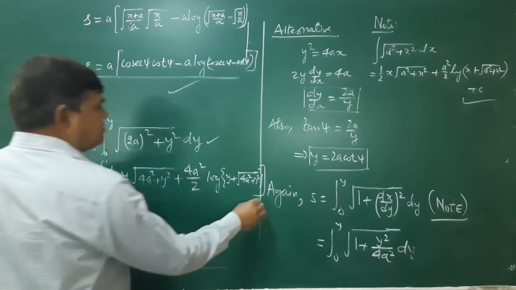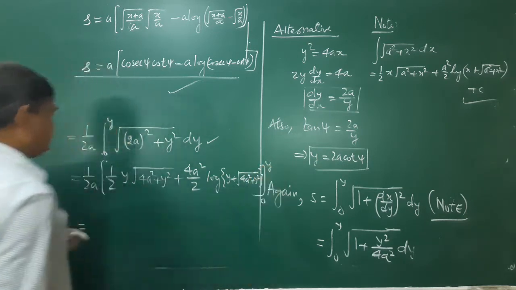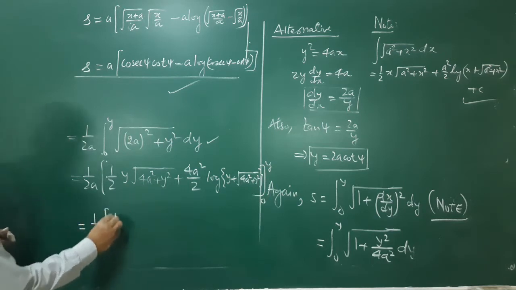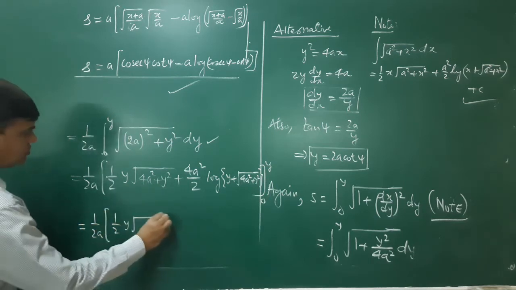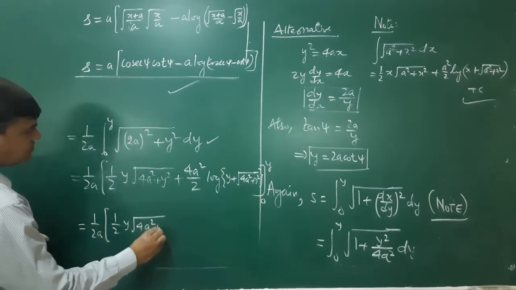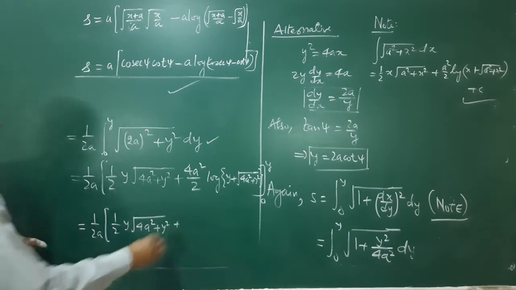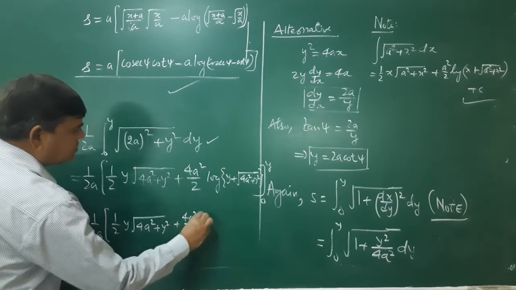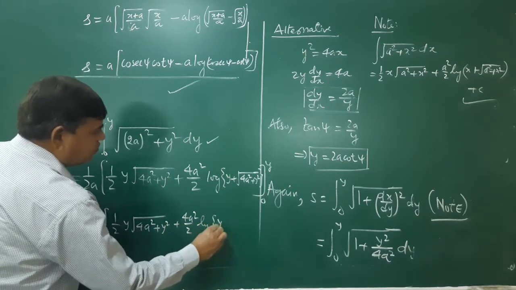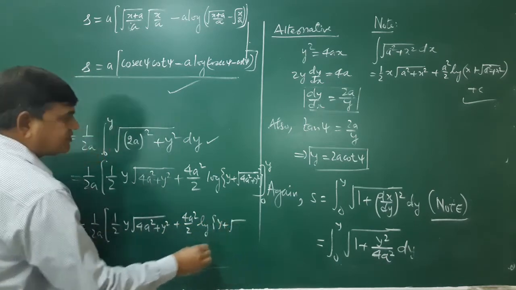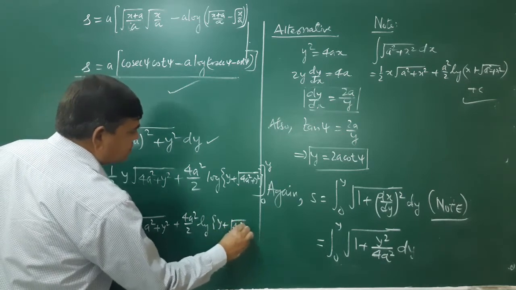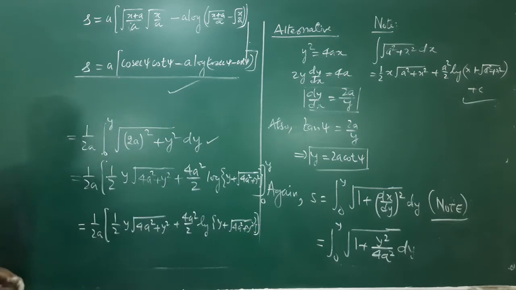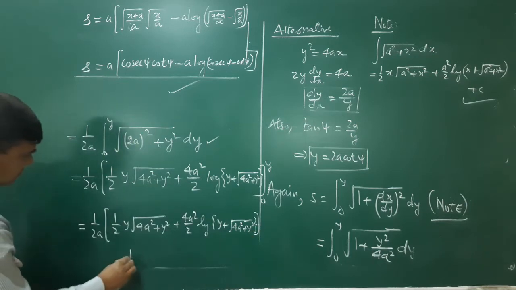Now limit is from 0 to y. So it is 1 by 2a, 1 by 2 y root 4a square plus y square plus 4a square by 2 log y plus under root 4a square plus y square, okay, minus 1 by 2a.